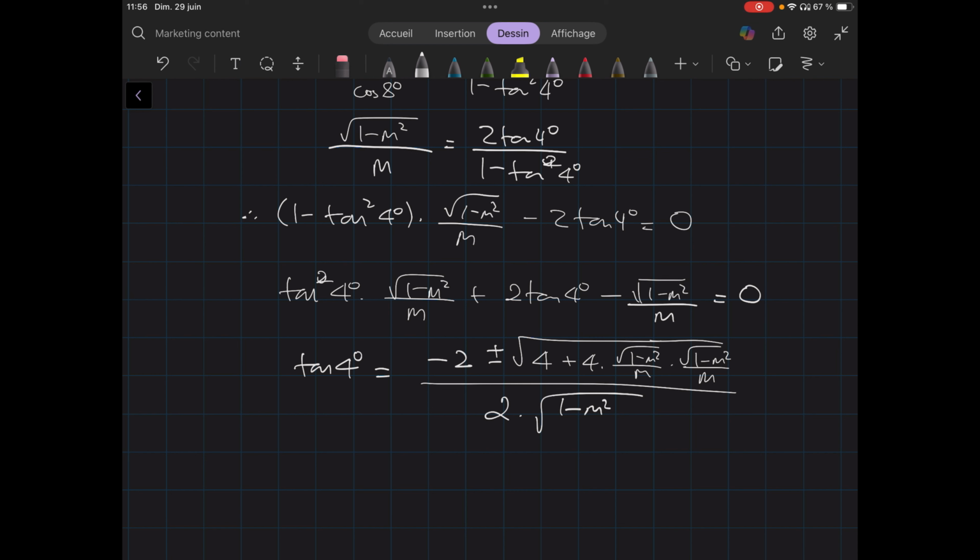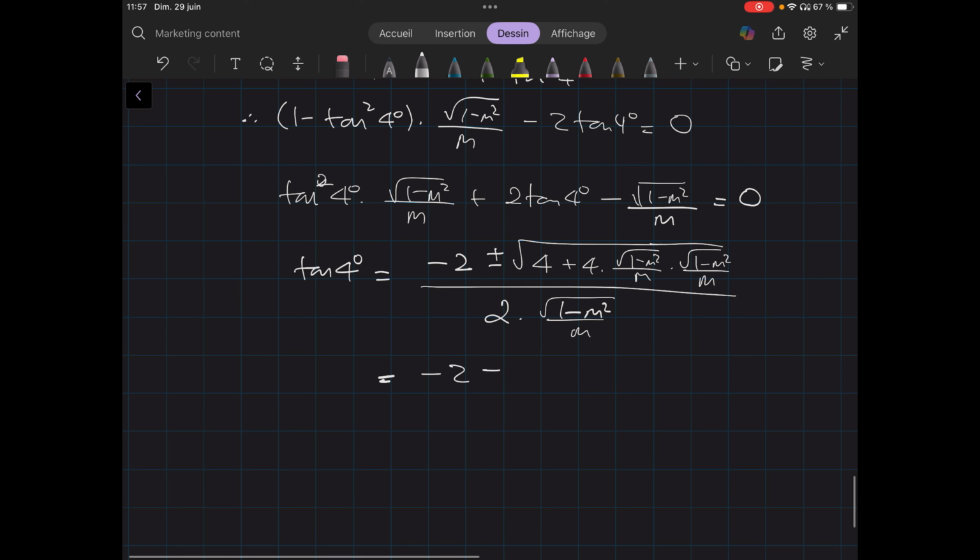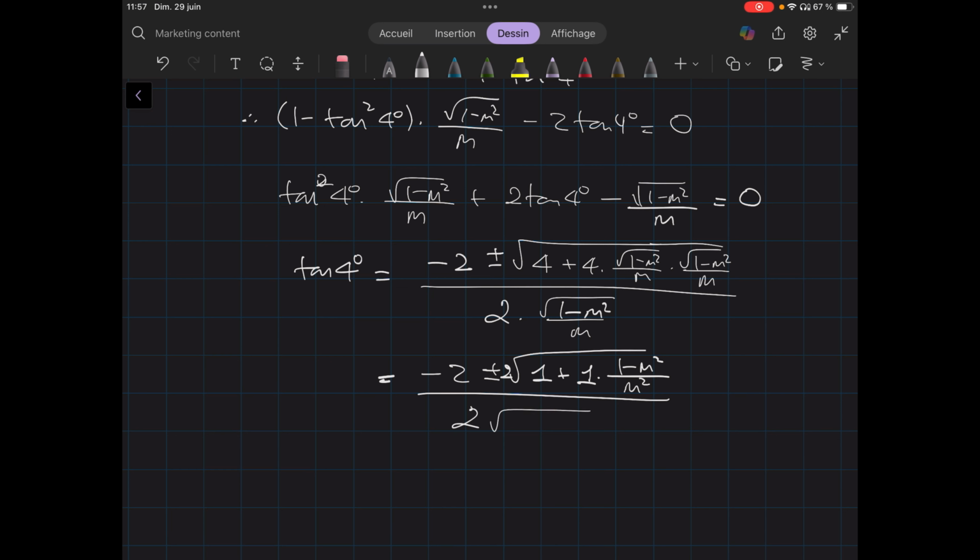This is quite intimidating. Let's simplify this a bit more. Divided by 2 times all of this.